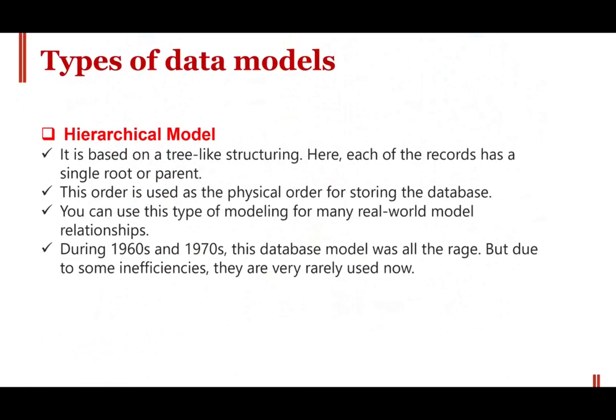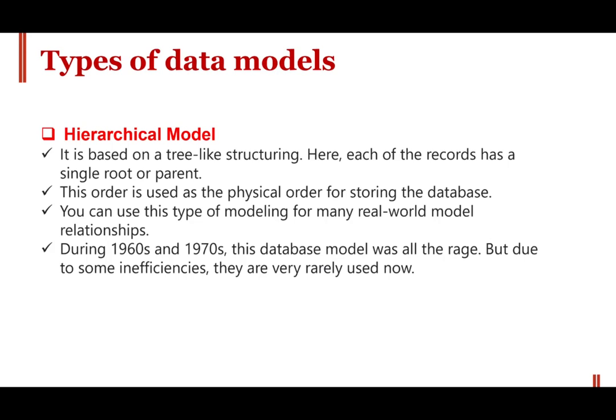So let's go ahead. Let's start with the hierarchy one, which is based on a sort of tree-like structure. Each of the records has a single root or a parent. So if you start from the bottom up, every table relates to a parent table. So there is an attribute in this table that goes to a parent table.